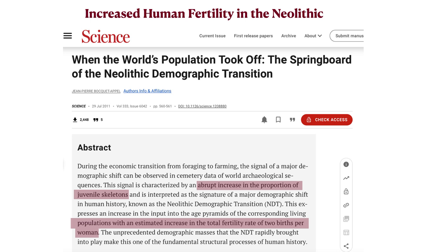That would indicate that fertility would have gone up quite a bit. And it's estimated an increase in the total fertility rate of 2 births per woman. Today, 2 births per woman is replacement level. Back before we had modern medicine, the replacement level was much higher, 4 to 6 or so. It depends on how healthy a given society was. But that's a big increase.